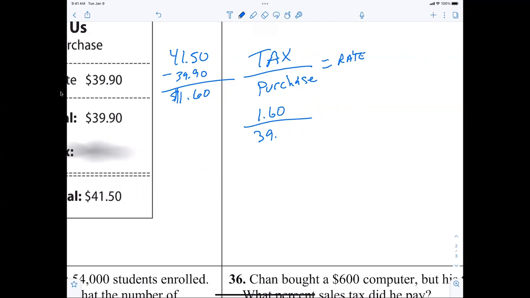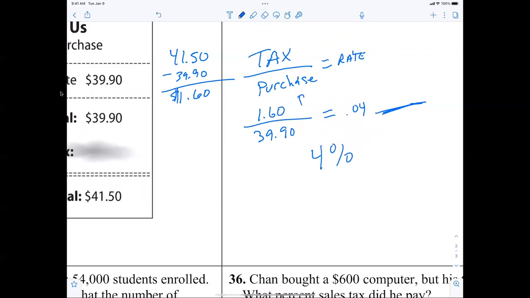Yeah, there's some extra stuff over here, right? So it's what percentage? Right. So the answer, in fact, is 4%.